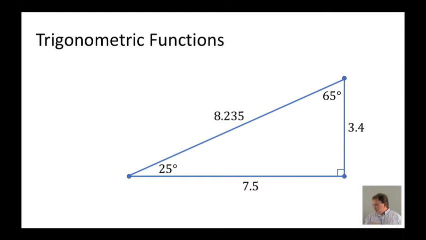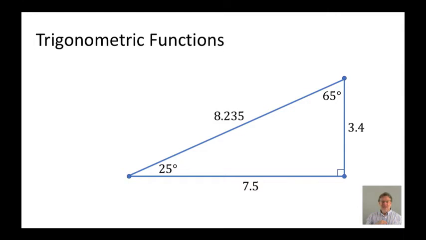It's also got two other angles, and we know that one of the angles is obviously 90 degrees. If we know that the second angle, to the far left there, is 25 degrees, all the angles have to add up to 180. Since one of the angles is a right angle, the other two angles have to take up that remaining 90 degrees.